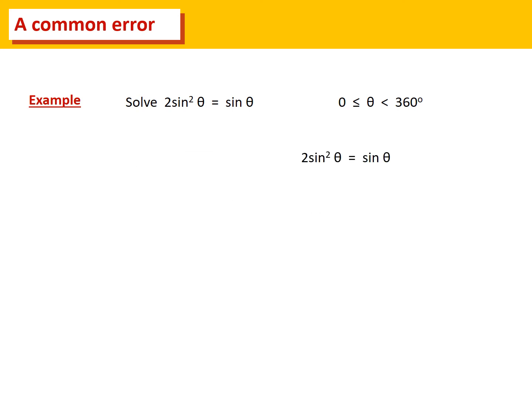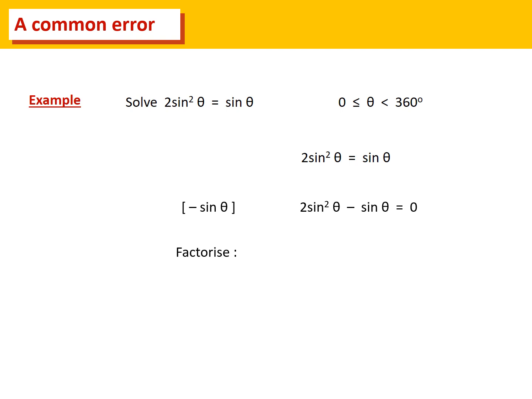Therefore, let's go to the question. Rather than dividing by sine theta, we subtract sine theta from both sides, and we end up with that. We then take out a common factor.